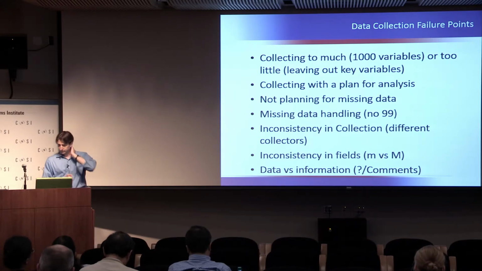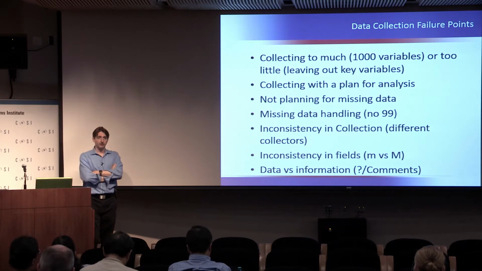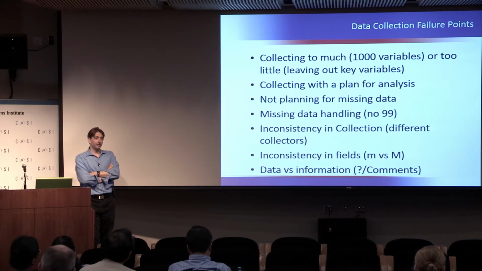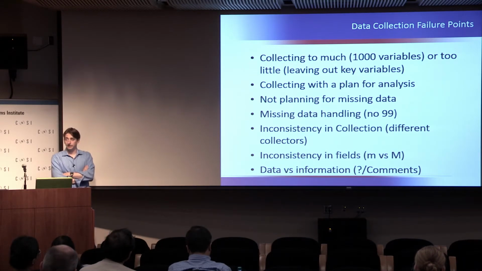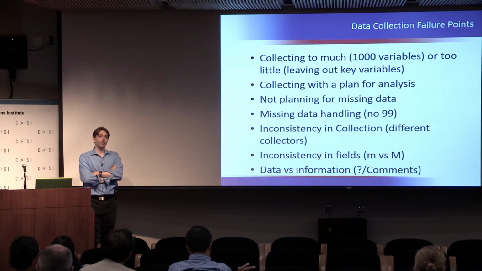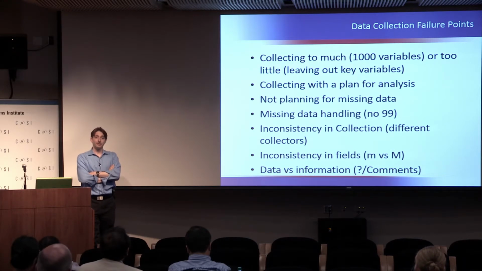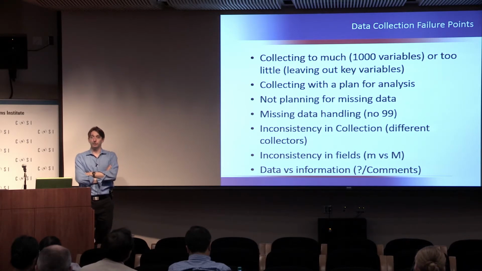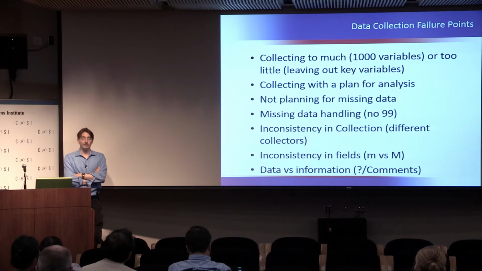So what are some of the failure points that I will typically see in terms of data collection? The first point is collecting either too much or too little data. So with mHealth, with high throughput molecular data, we often collect huge data sets. And sometimes that can be a good thing, but sometimes we're collecting so much data that we don't know what to do with it.